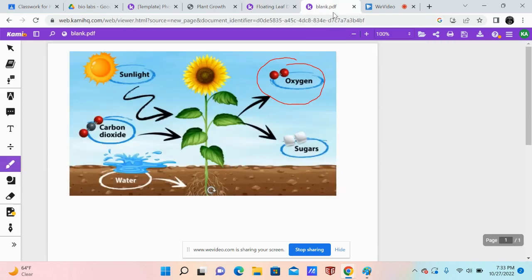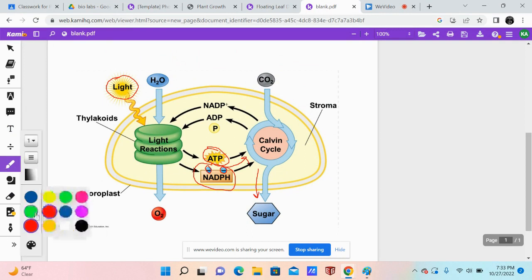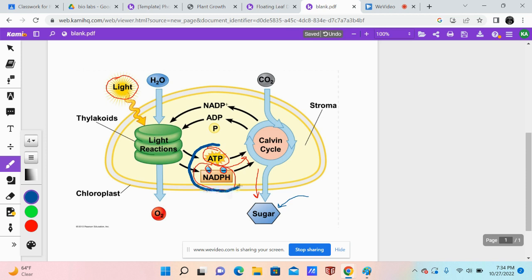Why or why not? Back to this. The answer is it cannot. Glucose cannot be created, and the reason for it is I'll make this, I don't know, blue so we can see it. Glucose sugar right here cannot be created unless we have these two molecules right here.